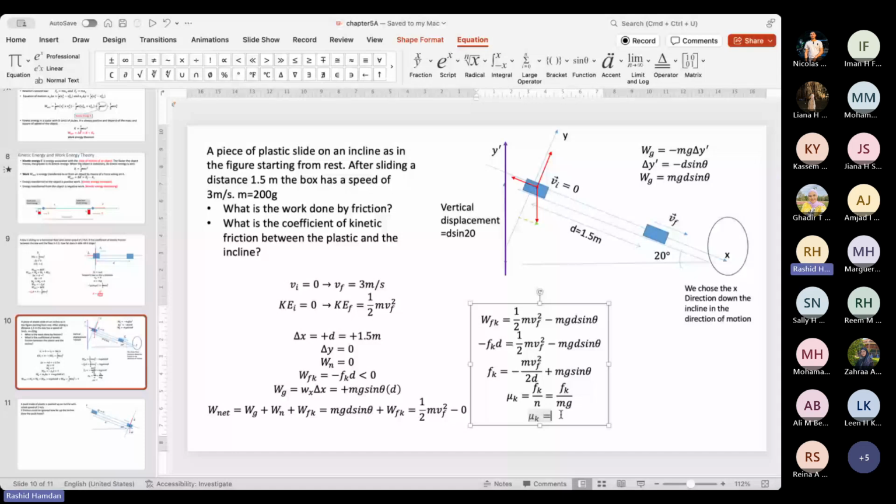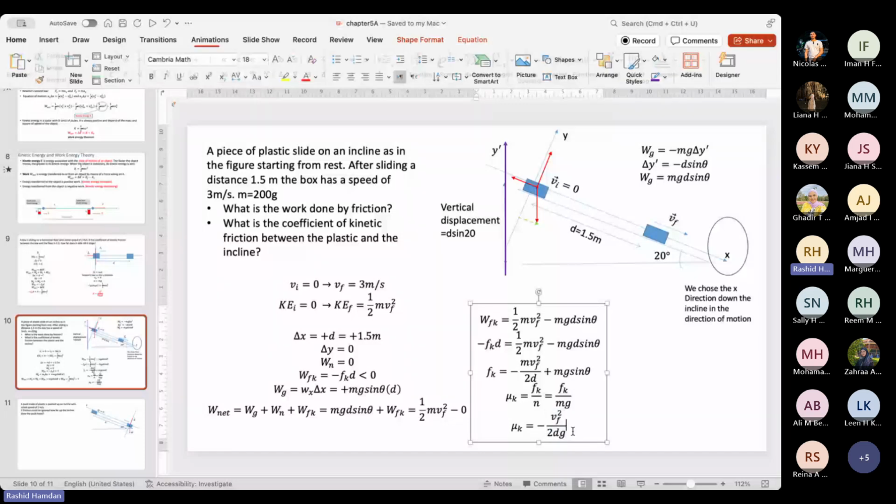But you see, you have this term that comes from the kinetic energy. So this is the energy that goes to motion, and the total energy comes from the work done by gravity. So mg cancels out, and we're just going to get sine theta plus sine theta.